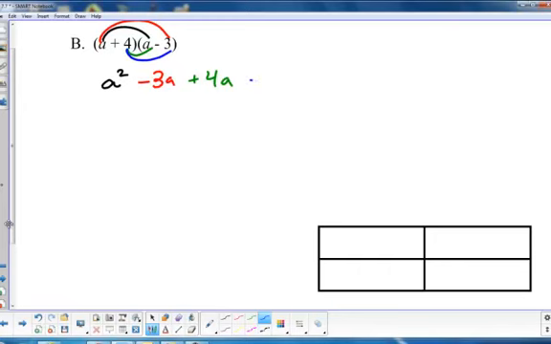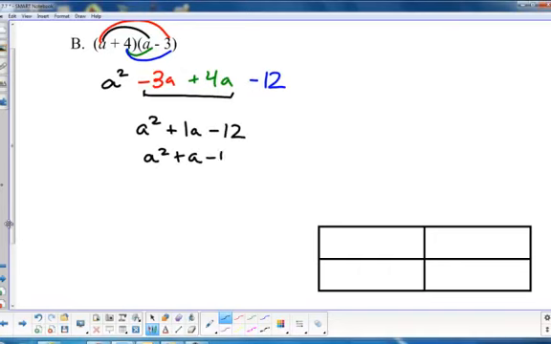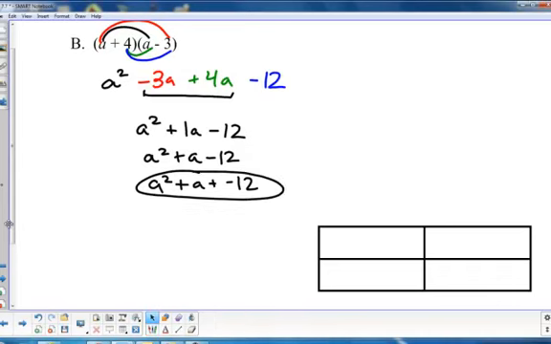And 4 times negative 3 is negative 12. Right here we have two like terms, so our final answer is a squared plus 1a minus 12. You could write that as a squared plus a minus 12. You could write that as a squared plus a plus negative 12. That's probably my favorite. All those will work though, all the same.